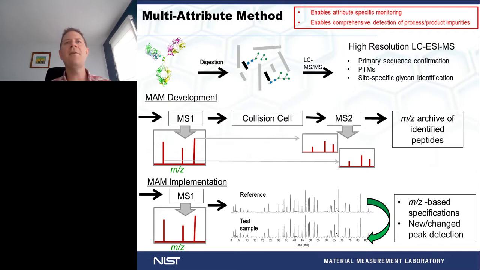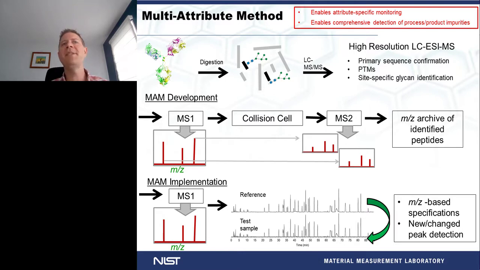The peptide will fall apart into its constituent components, and we can essentially then piece back together this puzzle from the MS2 fragmented spectra back to tell us the identity of the individual peptide that was measured in the MS1, and then we can combine all of that information to essentially confirm the primary structure, post-translational modifications, and glycosylation sites of the monoclonal antibody. So during this MAM development phase, we've eventually identified and archived the mass to charges, or the signals that we'll see for each of the individual peptides that are generated from our digest.